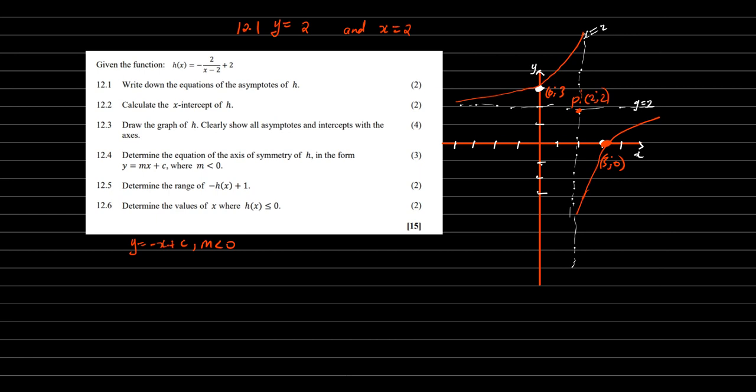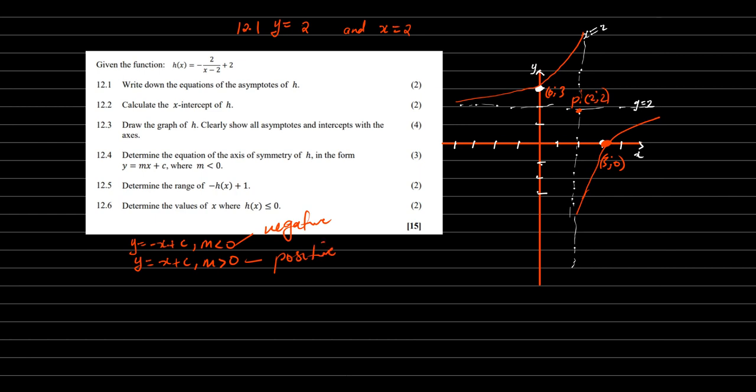Sometimes when we deal with positive, it's y equal to x plus c. This is the positive gradient. They will say m greater than 0. This one is negative. Then this one is positive.